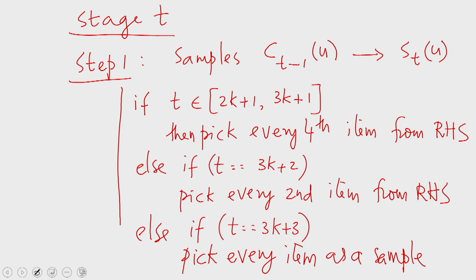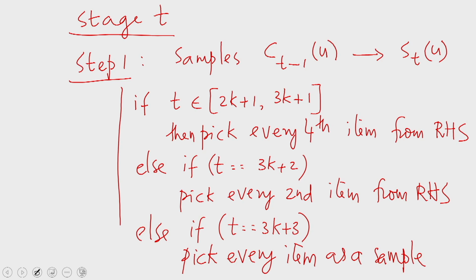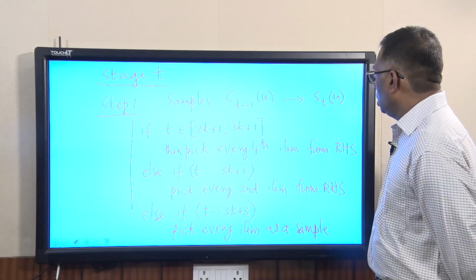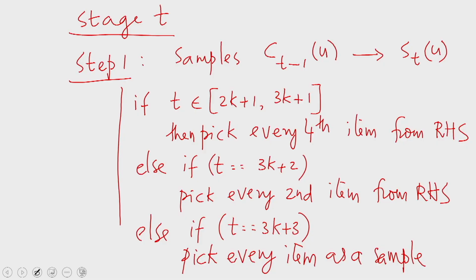So, once again the samples are picked from Ct minus 1 of u, which is the cache at u at the end of stage t minus 1, in this fashion to form the sample array of u that must be left behind at the end of stage t. If the stage number t is within the range 2k plus 1 to 3k plus 1, where k is the level number of node u, then we pick every fourth item from the right hand side of Ct minus 1 of u as a sample.